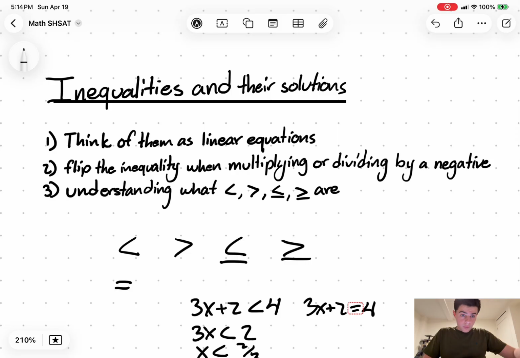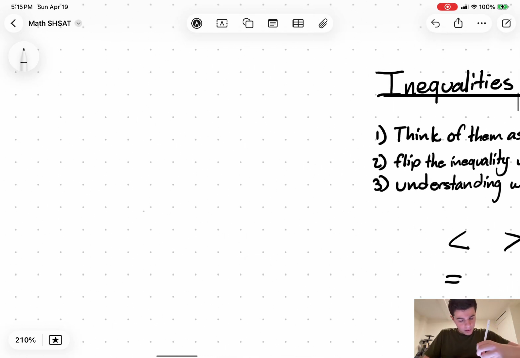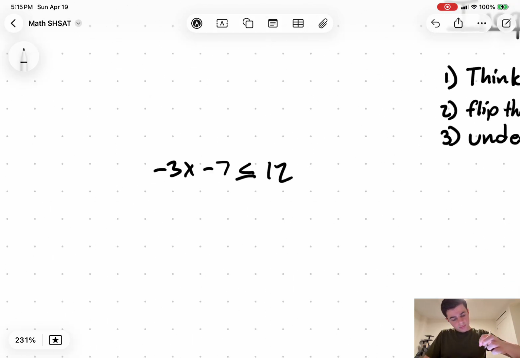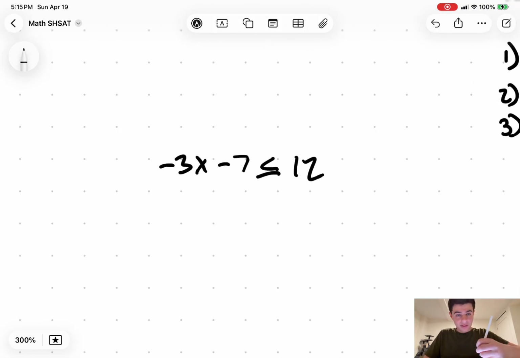Okay, so the other difference between inequalities and equations is that whenever you multiply or divide by a negative number, you have to flip the sign. So let me give you guys an example. If we have negative 3x minus 7 is less than or equal to, let's say, 12. First thing I'm going to do is add 7 to both sides.